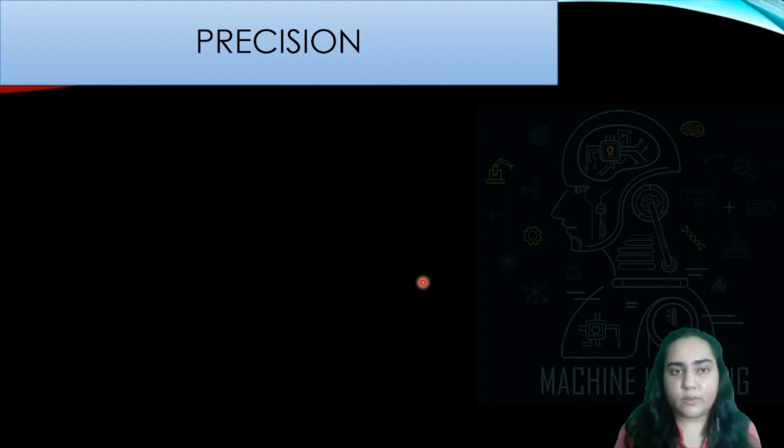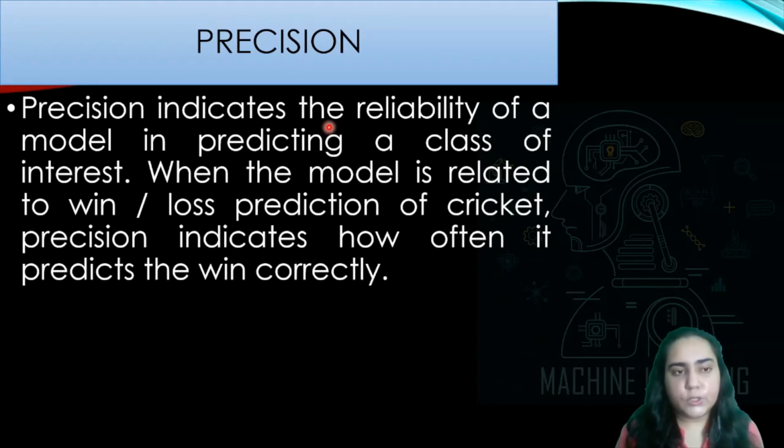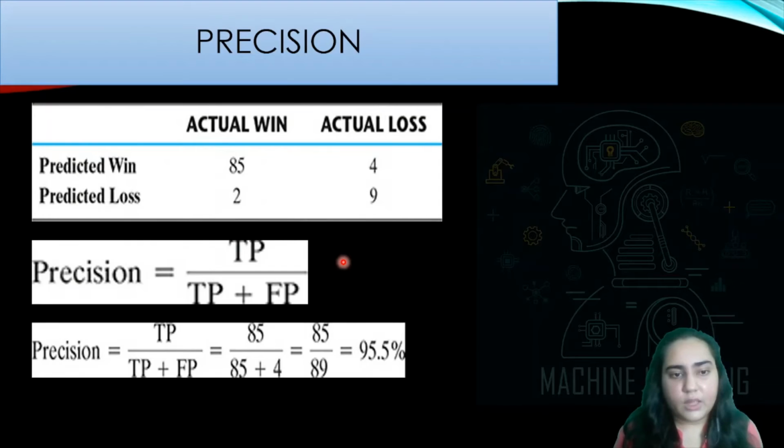Now let's talk about another measure, which is called precision. It indicates the reliability of a model in predicting a class of interest. When the model is related to the win-loss prediction of a cricket match, then precision indicates how often it predicts the win correctly. And precision is true positive upon true positive plus false positive.